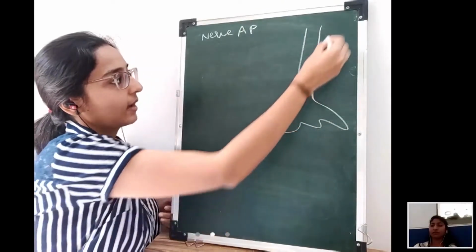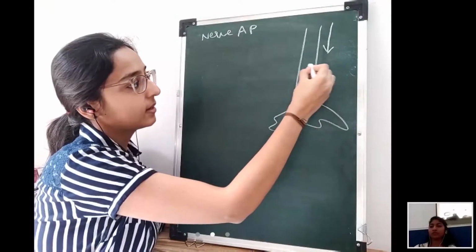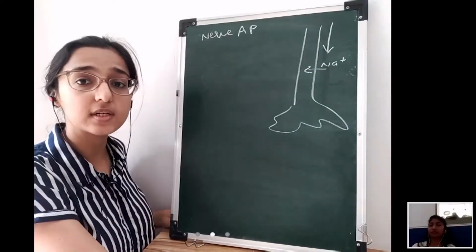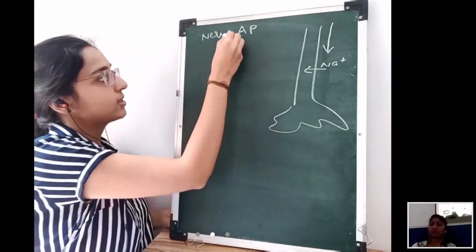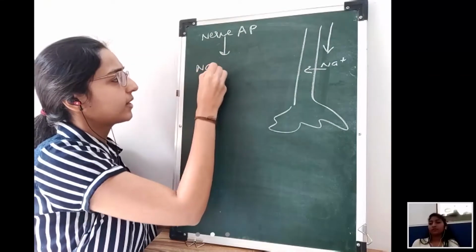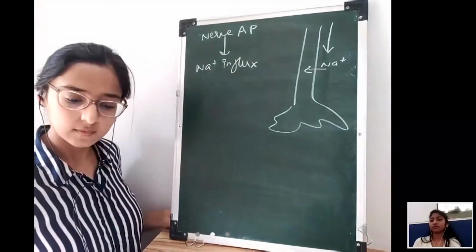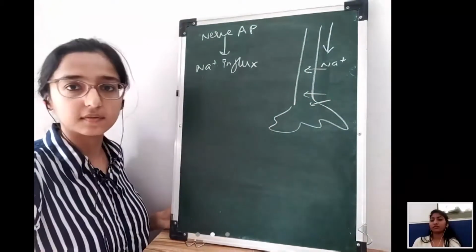Action potential is arriving on the nerve. What will happen? The sodium will move in. There will be depolarization of the nerve membrane. That's how the action potential will travel, correct? So action potential is generated, and there will be a sodium influx in the nerve.